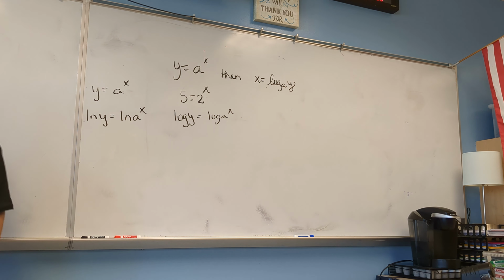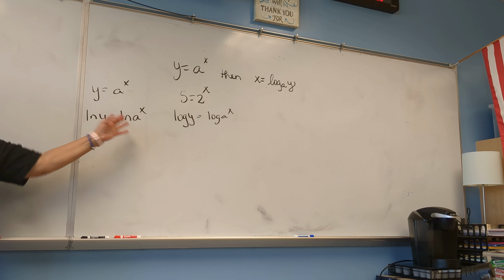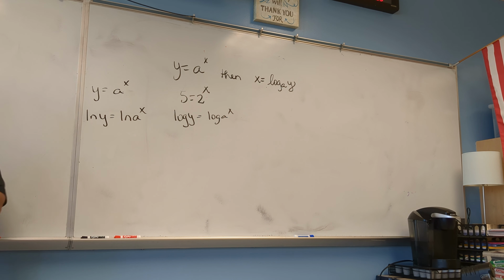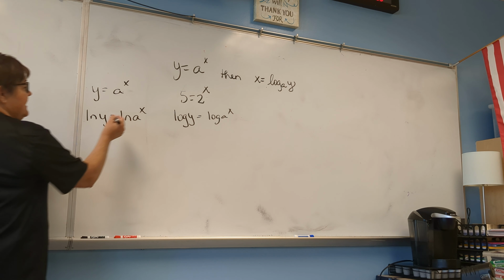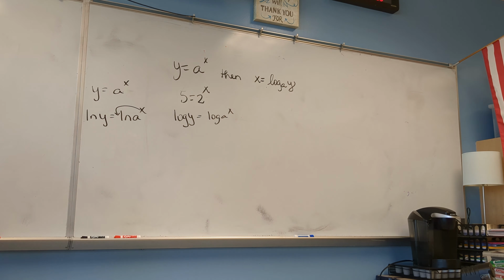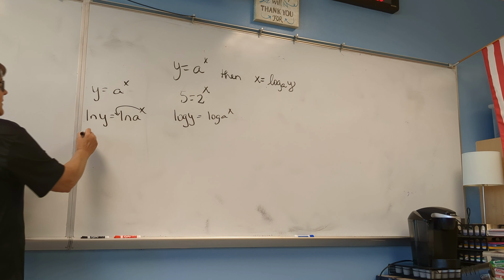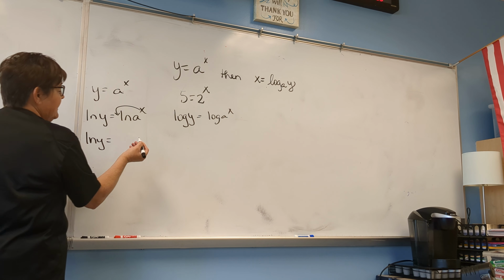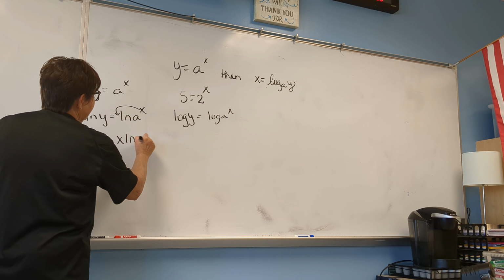There are 2 options: you can use natural logs or you can use logs. Now, the property says that if I have an x that's an exponent and a natural log in front of that number, I can take the x out of the exponent and drop it to the front. So this can be rewritten as the natural log of y is equal to x times the ln of a.